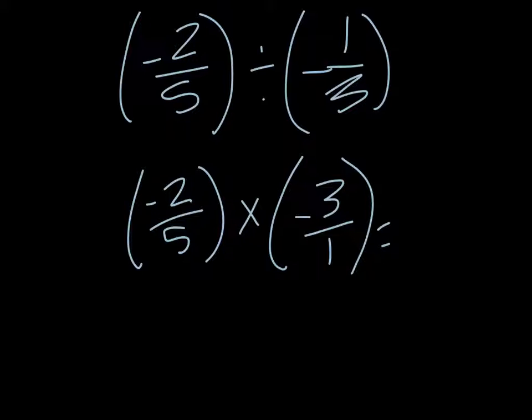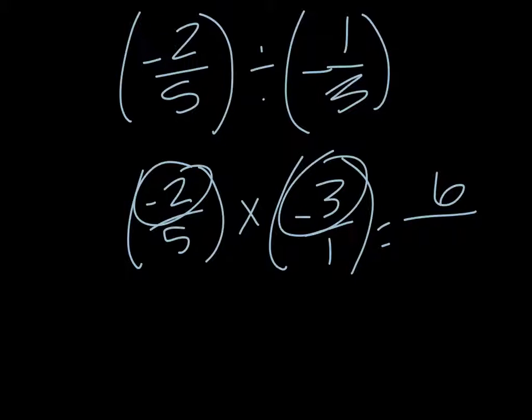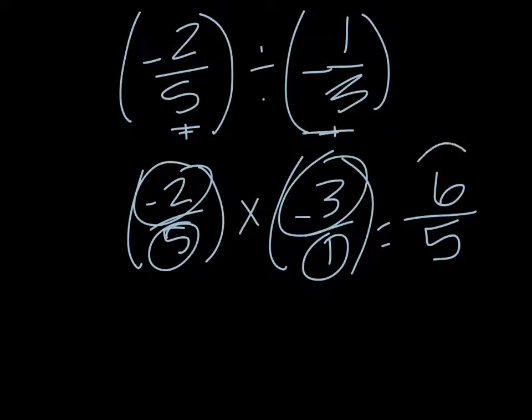Then we're going to multiply the top numbers. So -2 times -3 is a +6. 5 times 1 is 5. Since we have two negatives, our answer is positive. So positive 6/5 is our answer.